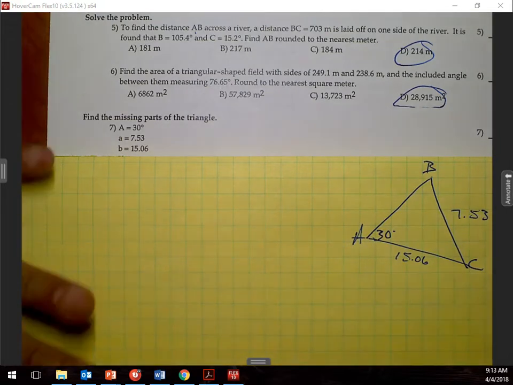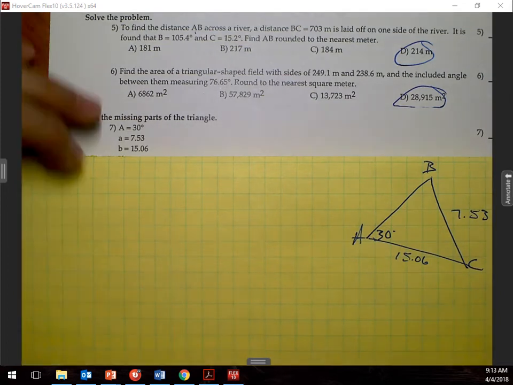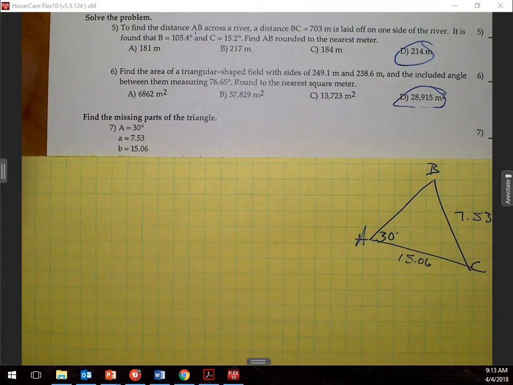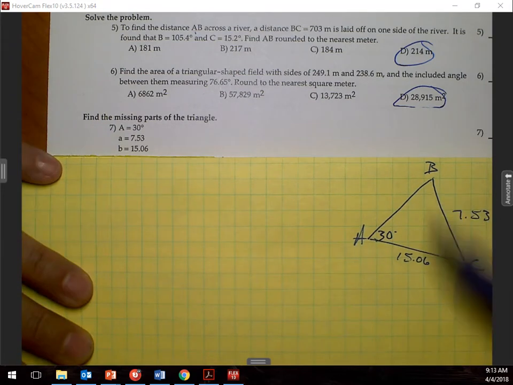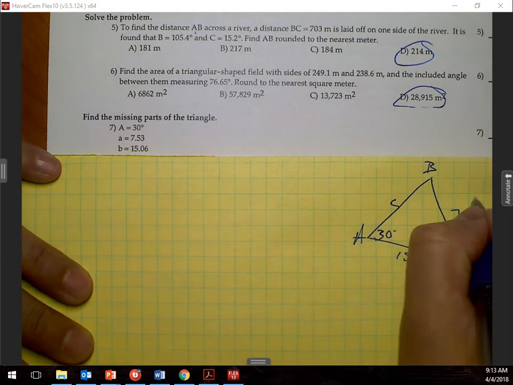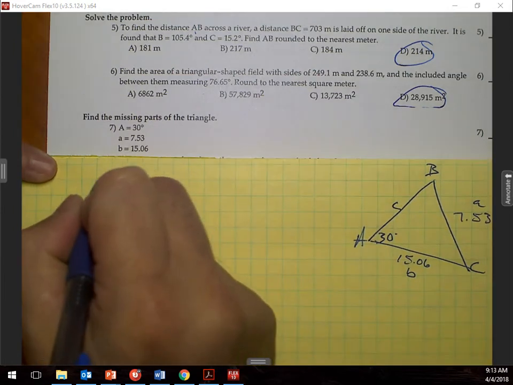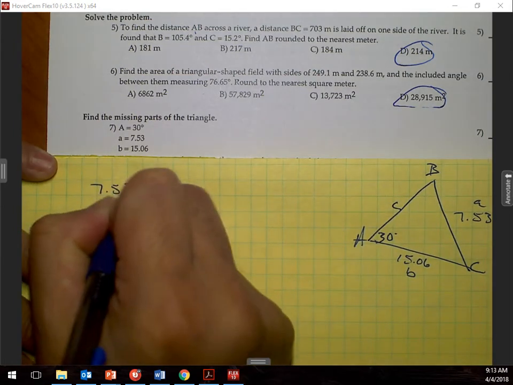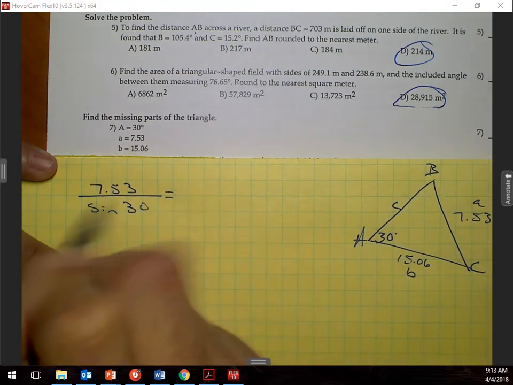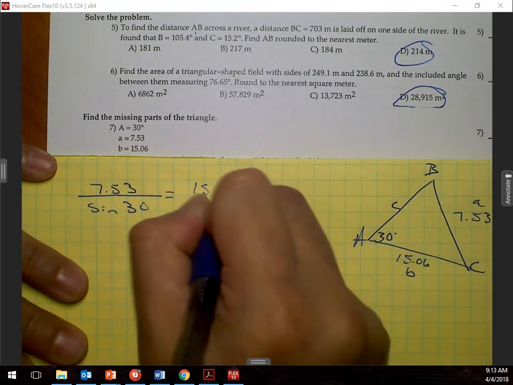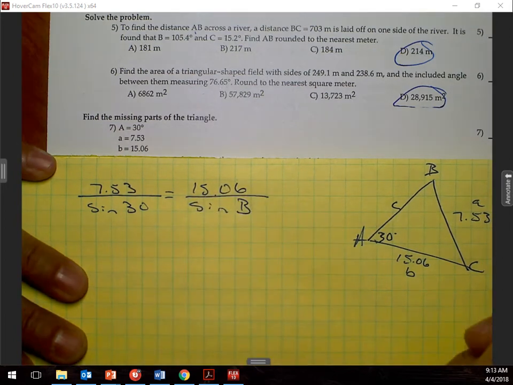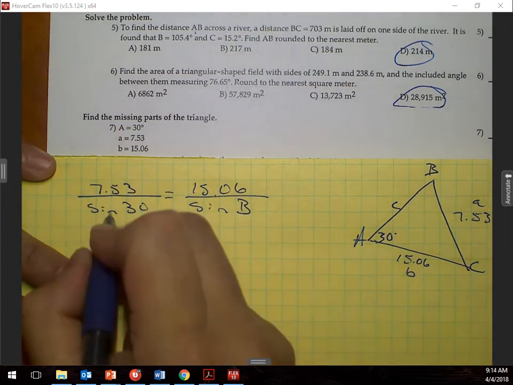All right, so what's the angle we have to solve for first? B. I have to solve for B because I have that one across there, right? So little a, little b. It's going to be 7.53 over sine of 30 is equal to 15.06 over sine of big B. Cross products.